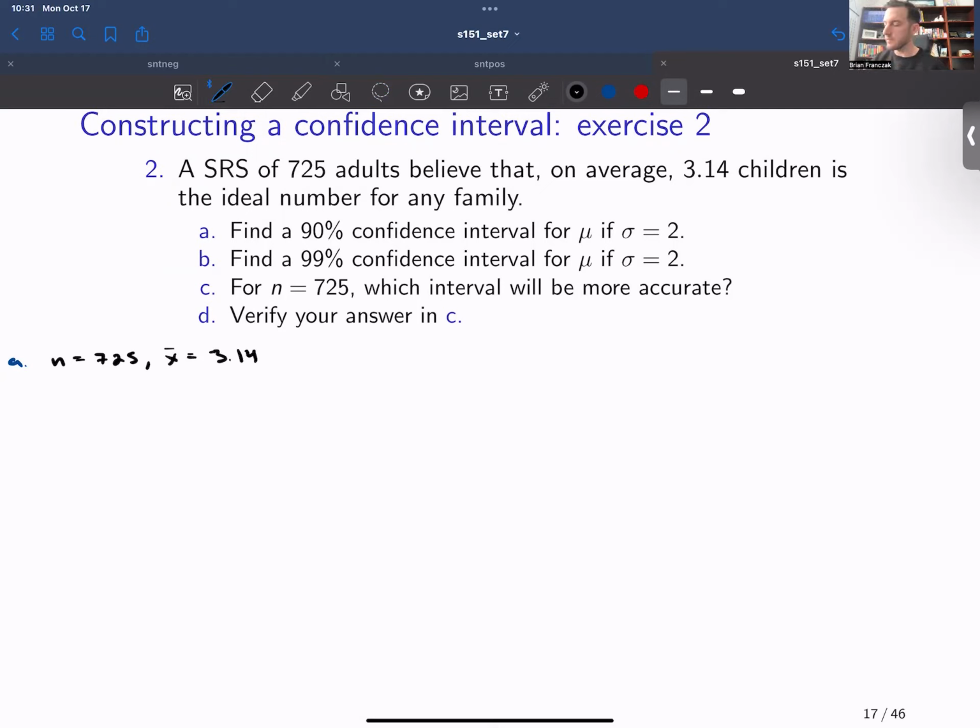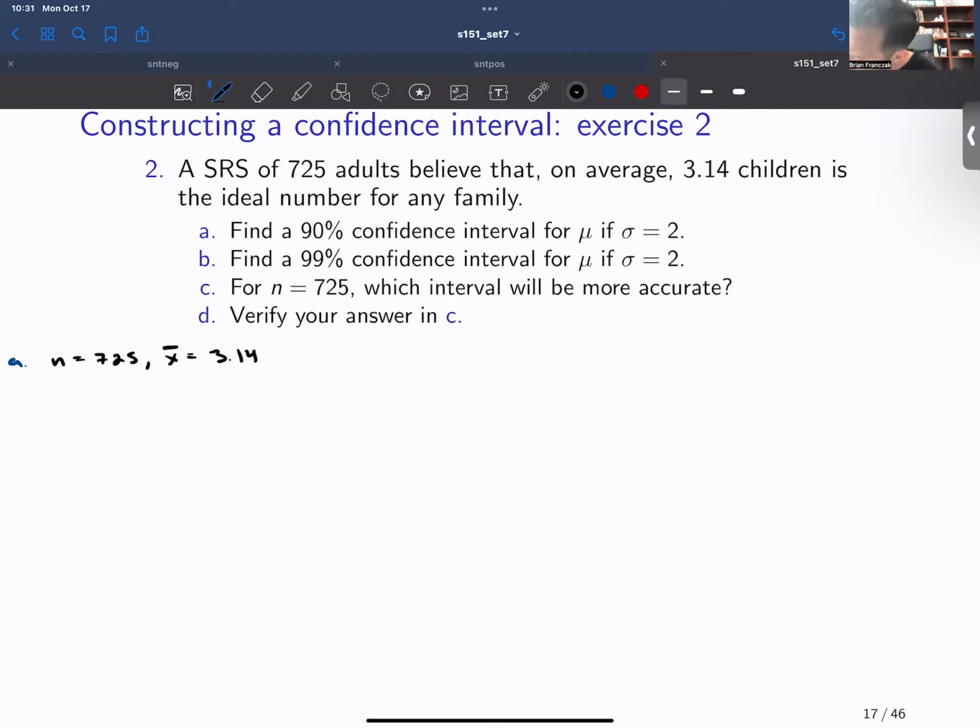So we are being given the sample size and the average from this sample. The 725 adults in the sample returned an average estimate for the ideal number of children of 3.14. So that's the sample mean. We want a 90% confidence interval for mu if sigma equals 2.